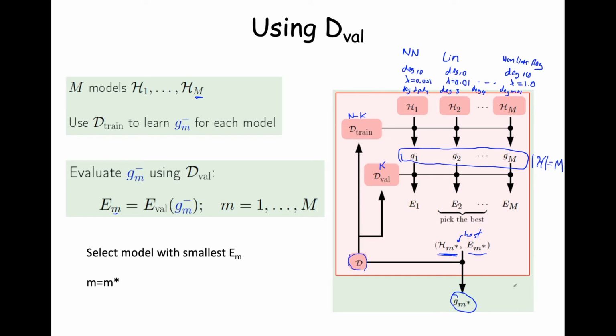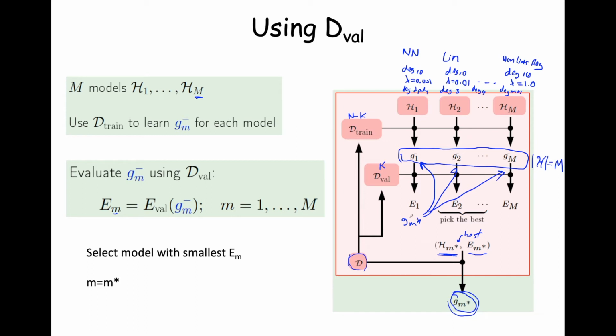For each of these hypotheses we calculate the validation error, and remember that validation error is E_val of g_m. That g_m star minus just happens to be the hypothesis associated with the smallest validation error.